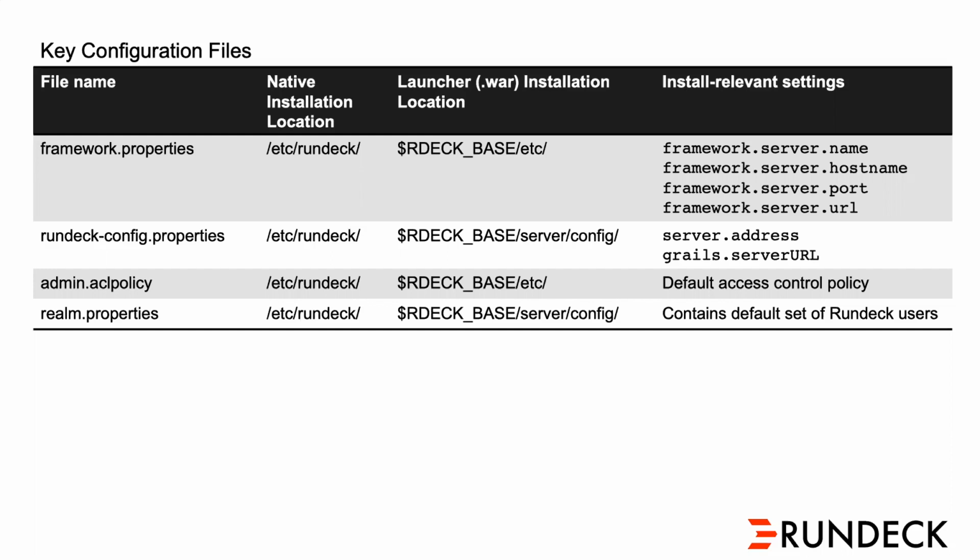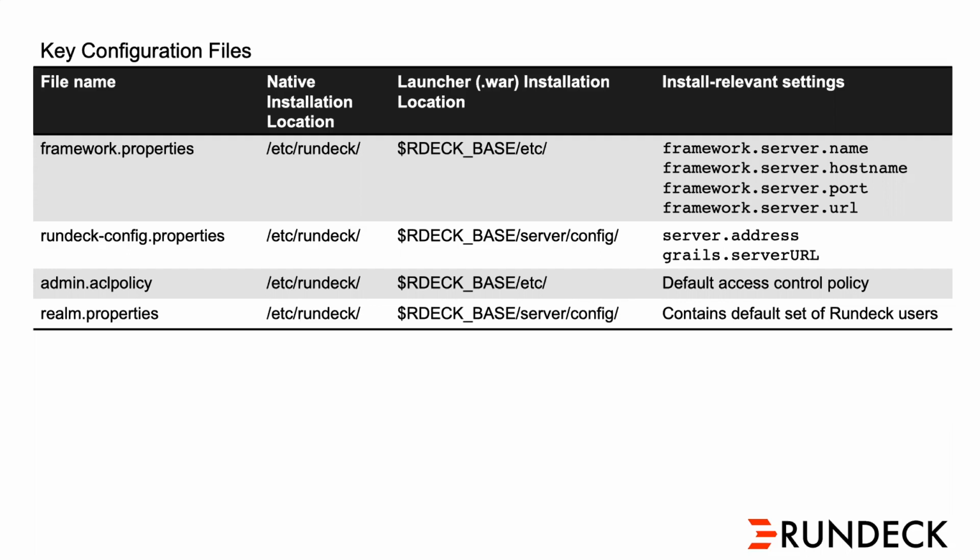There are a lot of settings in both of those, but the ones that you probably want to look for and may need to change are the ones that I've called out in those first two rows. You'll notice that they're specifically referencing the name of the server, its host name, what port it's going to listen on, what its URL is, and or address.